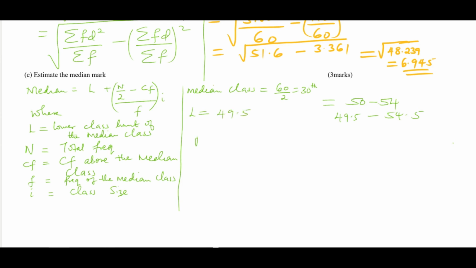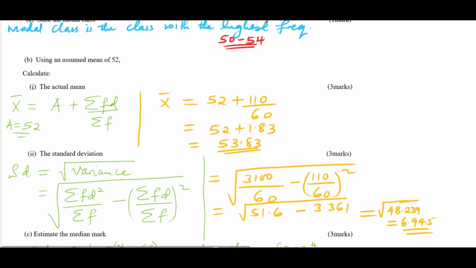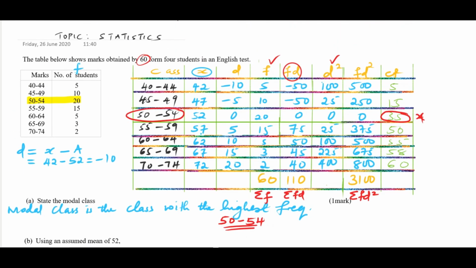Now, calculating the median using the formula, you get L, which is 49.5, plus N over 2. N is 60, the total frequency, so it will be 60 divided by 2 minus CF. CF is the cumulative frequency above the median class, so it is 15.